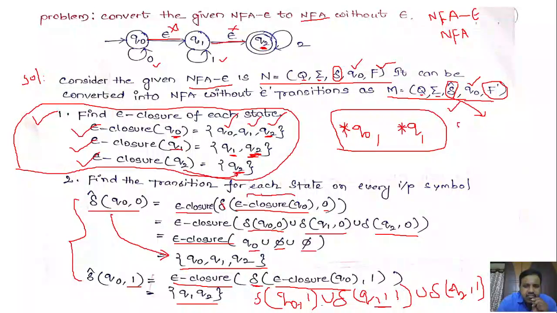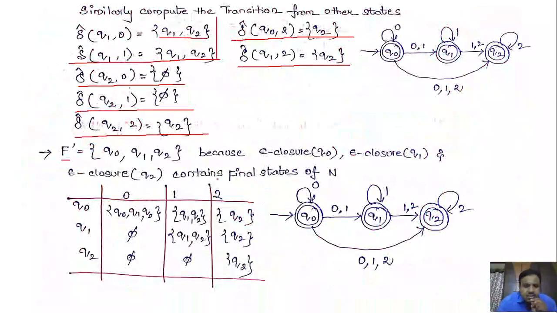So these are the final states: q0, q1 and q2. Okay. So here we write F dash is equal to the set of q0 comma q1 comma q2, right?